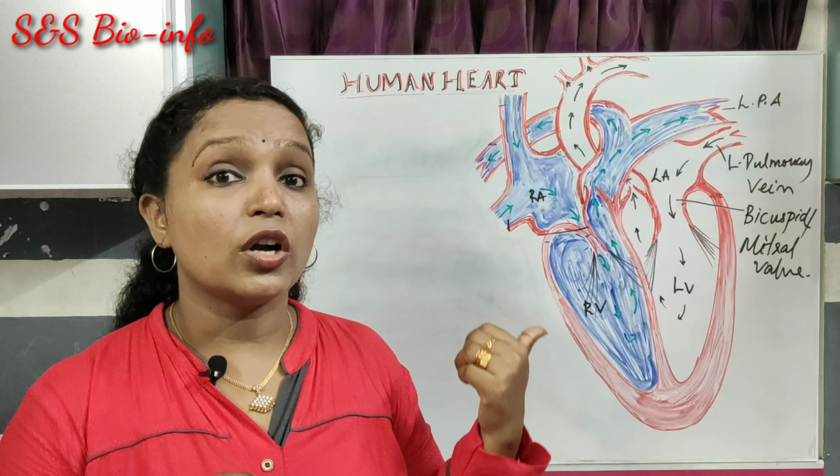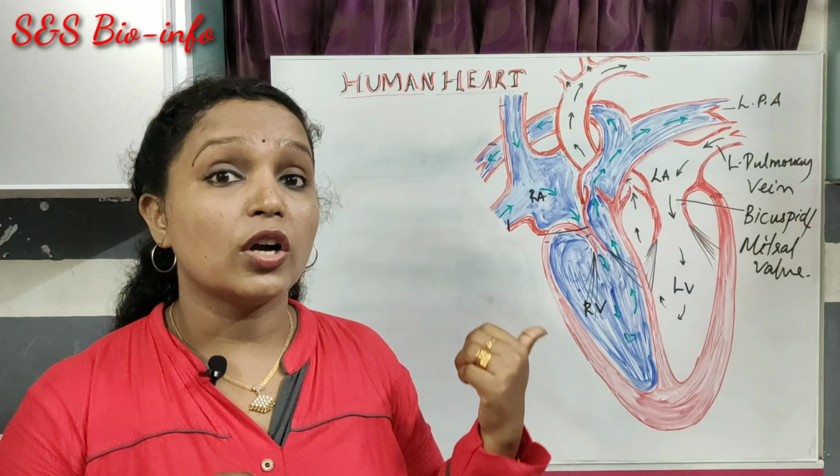The upper part is somewhat broad, that is called the base of the heart. The lower part is conical in shape, that is called apex. The base is the anterior part, the apex is the posterior part of the heart.